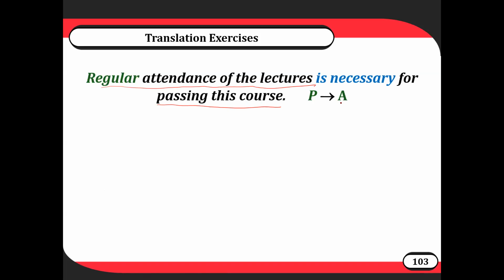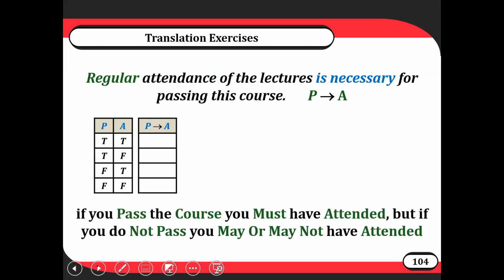So if this is false, I didn't attend, then P also has to be false for this to evaluate to true. All right. And then we can fill in this truth table here. Here I've attended, I've passed the course and I attended all the lectures, so that's fine.